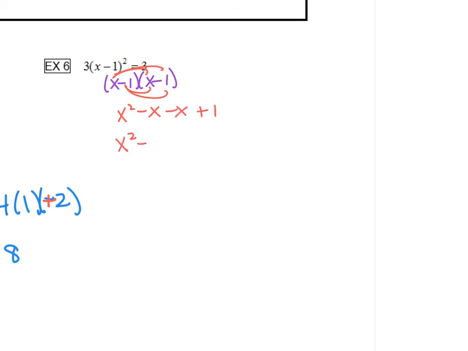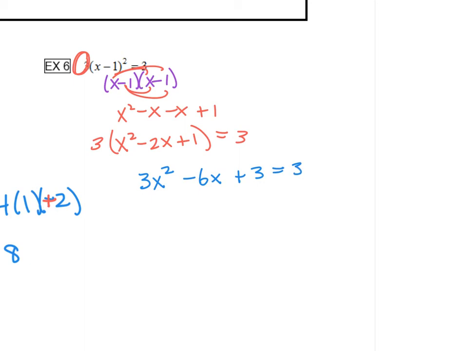So it's x squared minus 2x plus 1. But then see how there's that 3 out in front of whatever x minus 1 squared is? Well, here's x minus 1 squared, and let's put the 3 out front. And then it still equals 3 on the other side. So now we can go ahead and distribute that 3 to give us 3x squared minus 6x plus 3 equals 3.